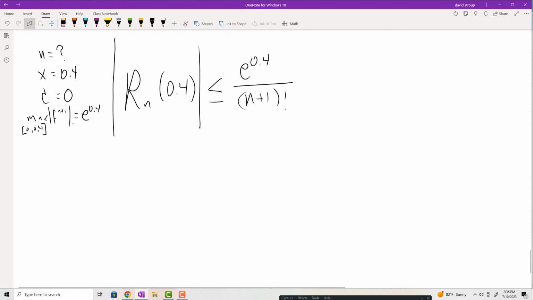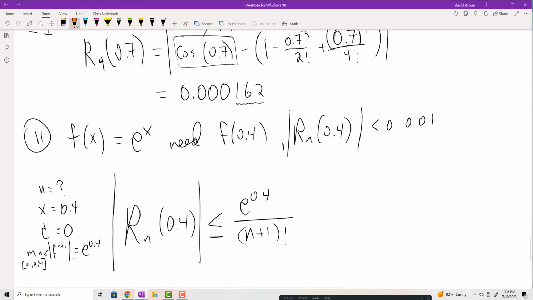Then times 0.4 to the, I don't know what the n value is, so n plus 1. That's the absolute value of x minus 0, which is 0.4, raised to the n plus first power, and I need that to be less than 0.001.